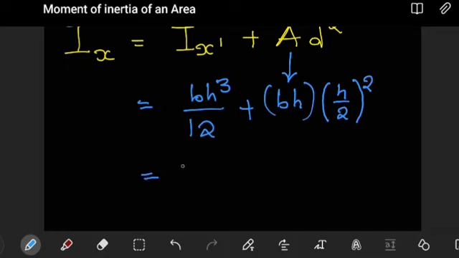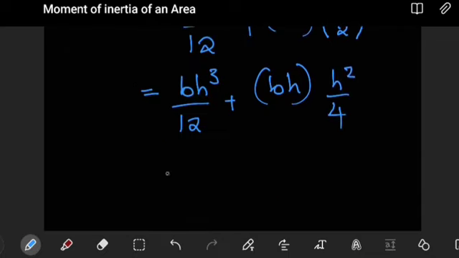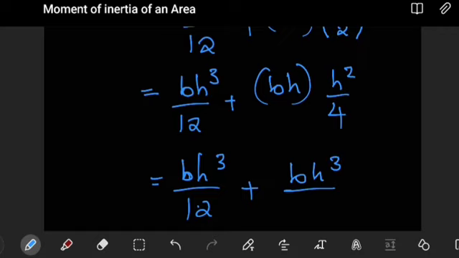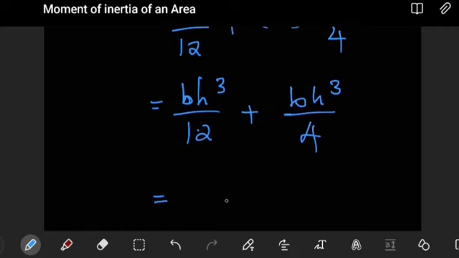When we simplify this, we have bh cubed over 12 plus bh times h squared over 4, since I square both the h and the 2. So the second term reduces to bh cubed over 4. Now we find the lowest common denominator, which is 12: bh cubed plus 3 bh cubed, giving 4 bh cubed over 12, which becomes bh cubed over 3.